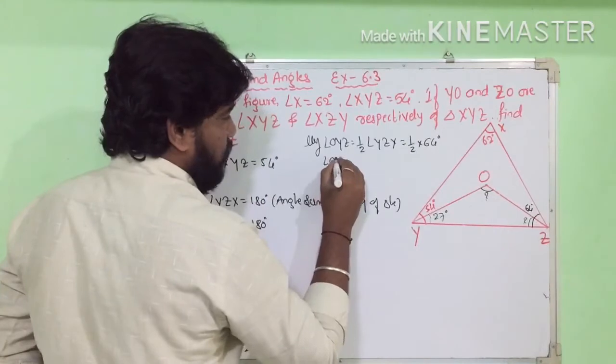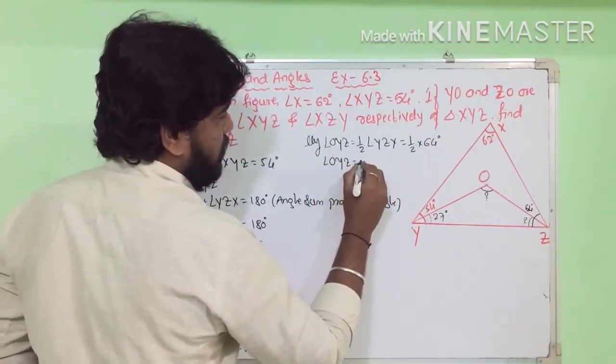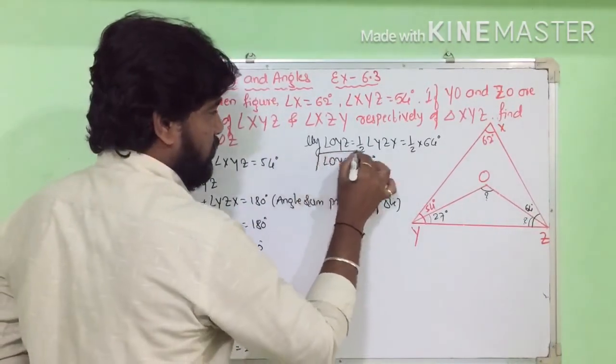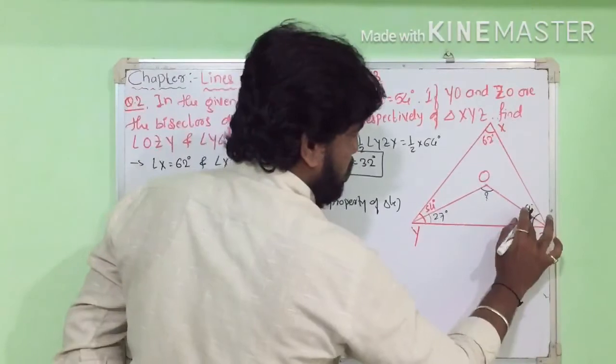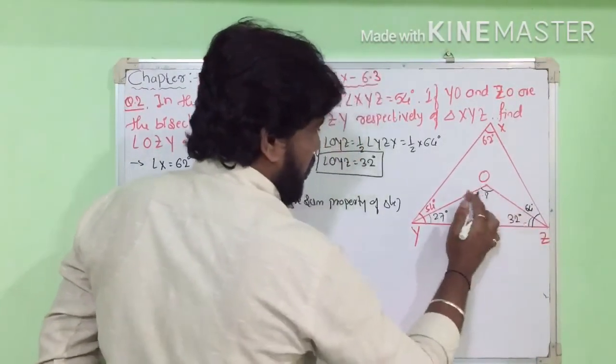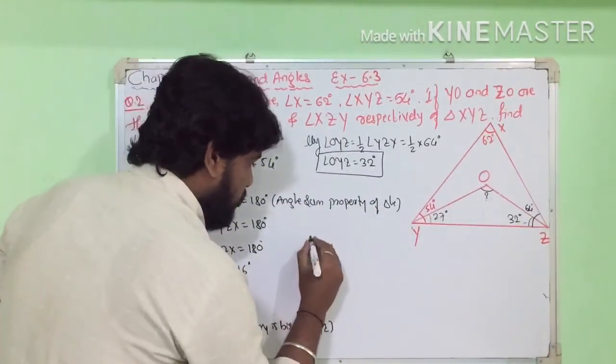So make it half, we got 32 degree. So this one is 32 degree. Now using the angle sum of the triangle, we will find out the angle O, right?